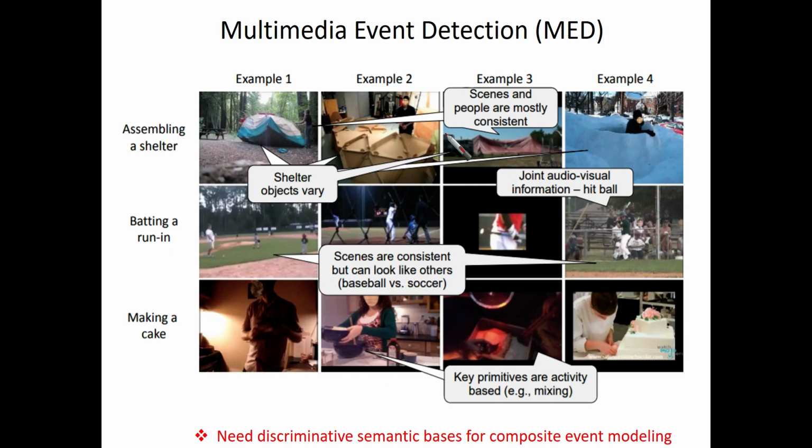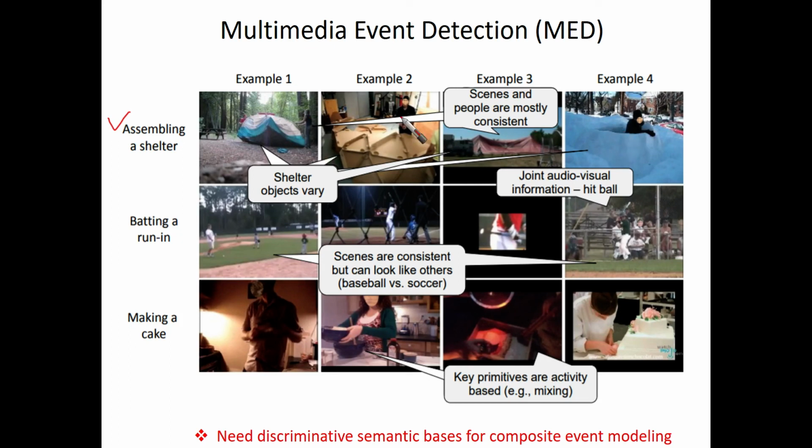Apart from that, another big topic in multimedia content based retrieval is multimedia event detection. For example, let's say we are preparing and making some shelter. This is shelter preparation. This is also shelter assembly. This is also shelter assembly. This is also shelter assembly. But it seems that all the scenes and people are mostly consistent.